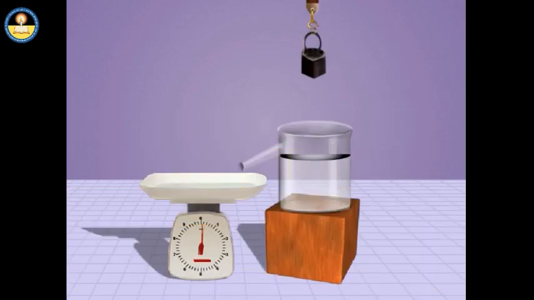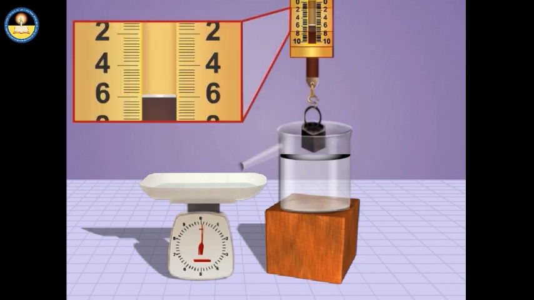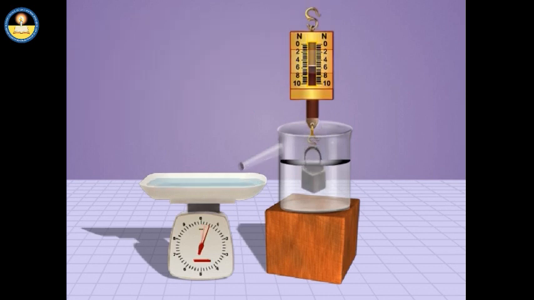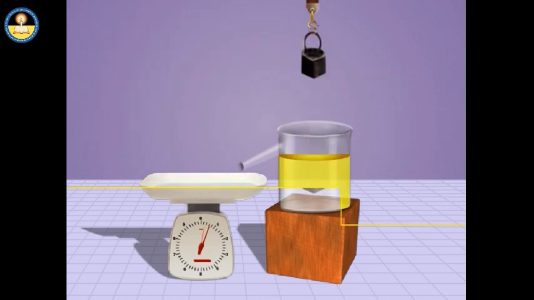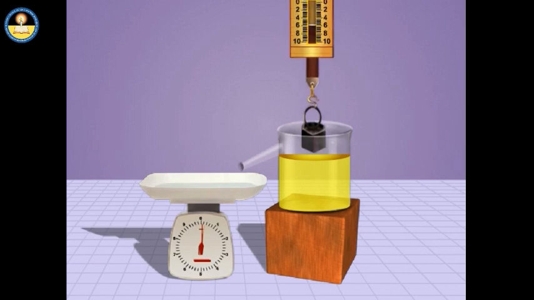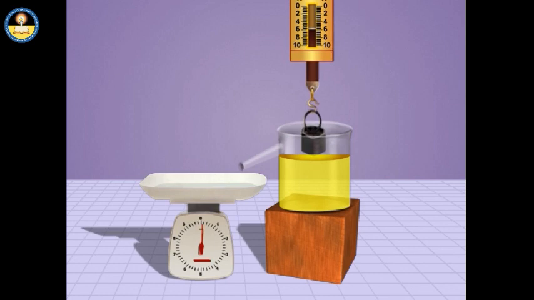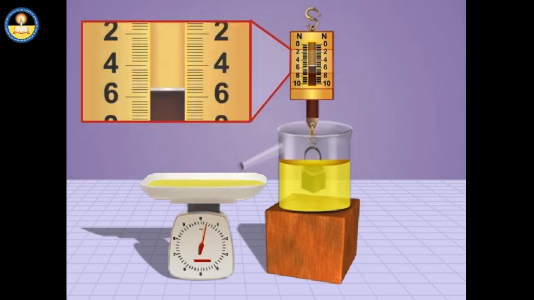Let us say this activity. When an object attached with a spring balance is suspended in water, it experiences a decrease in weight, which is equal to the weight of the displaced water. Similarly, when the object is suspended in a liquid, it experiences a decrease in weight, which is equal to the weight of the displaced liquid.